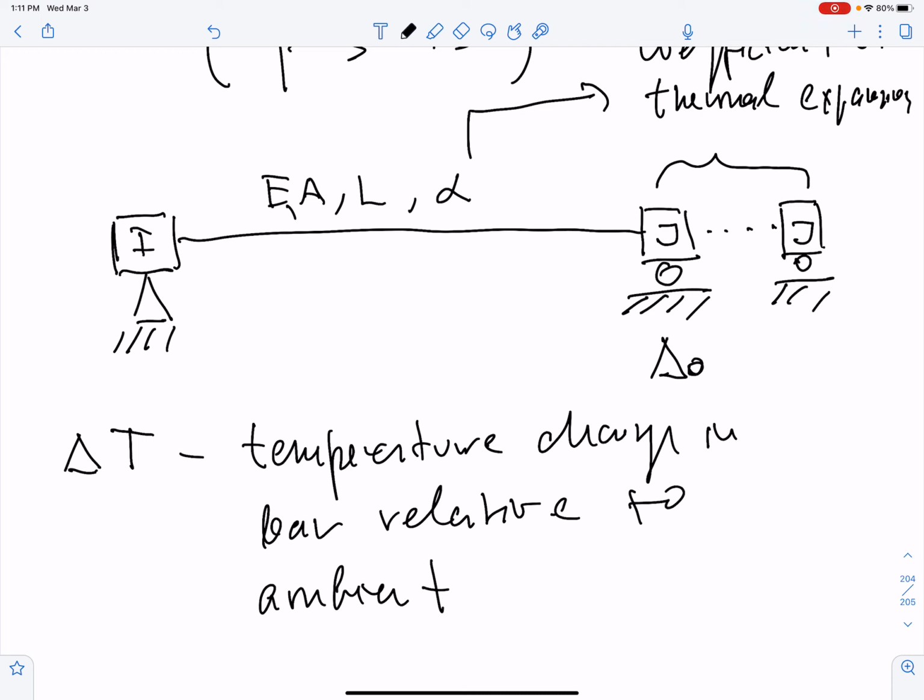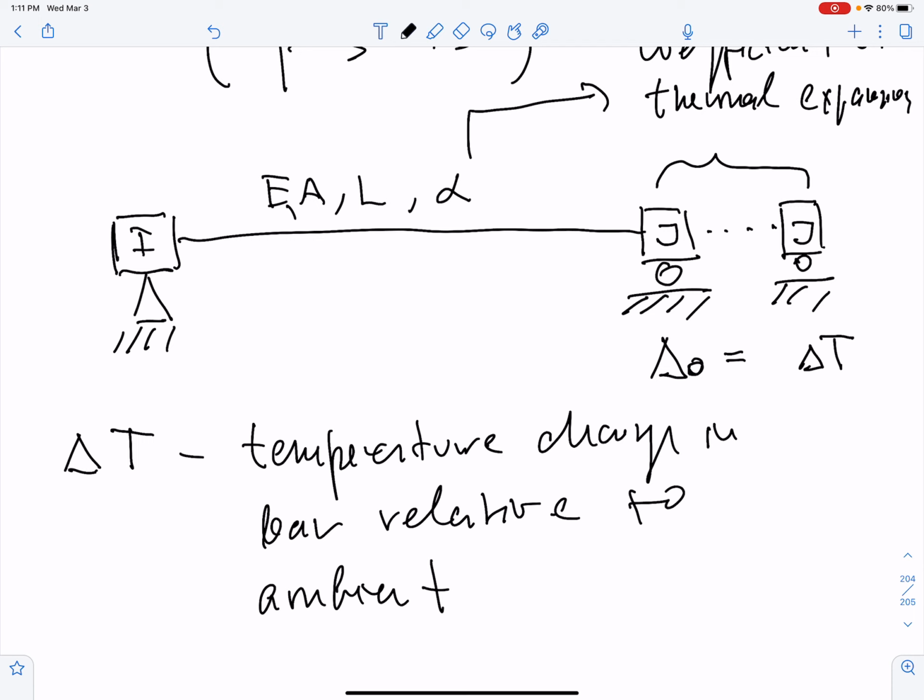So how should we estimate delta 0? Okay, well, if we apply temperature change delta T, let's assume a simple model that the elongation of the bar will be proportional to the temperature that we apply, okay? So if it's positive, then it will elongate by something that is proportional to the temperature, right? So let's write delta T here, okay?